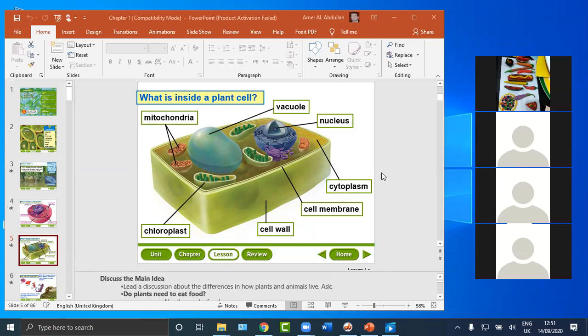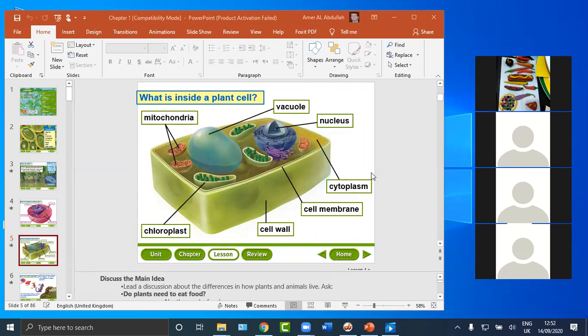We talked about providing energy for the cell. Yeah, clear?